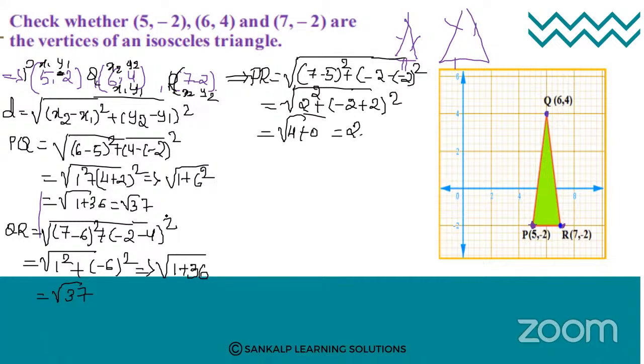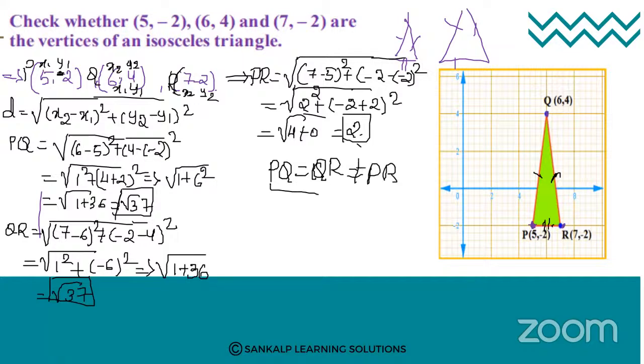So observe carefully. PQ value is root 37 and QR value is root 37, but PR value is 2. That means two sides are equal. Which sides are equal? PQ and QR are equal, but PR is not equal. Therefore, PQ is equal to QR is not equal to PR.